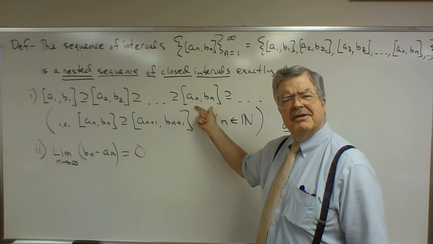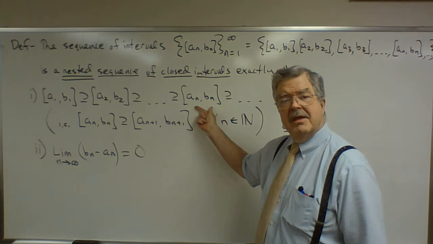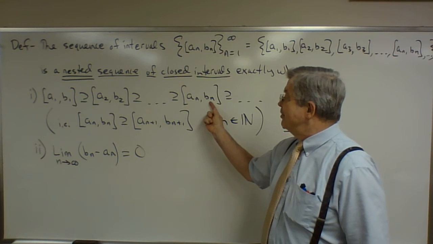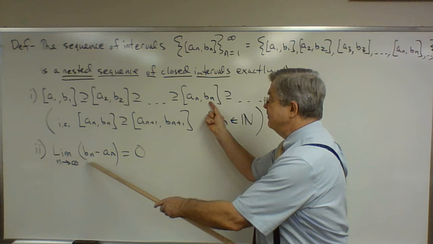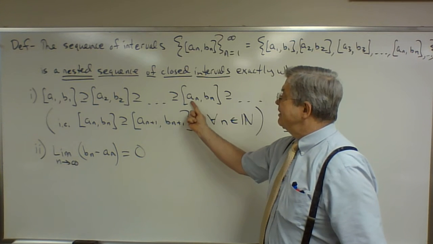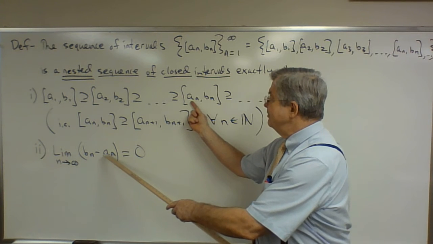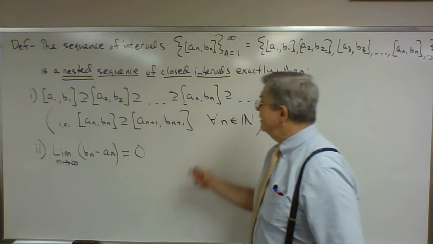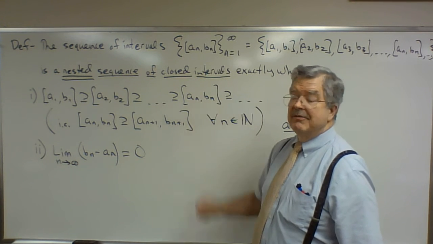What's the length of this interval? Don't we compute the length of an interval by taking the right endpoint b sub n and subtracting from it the left endpoint a sub n? So b sub n minus a sub n is the length of the nth interval.